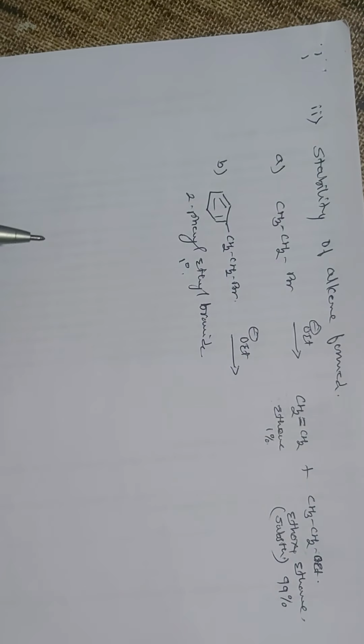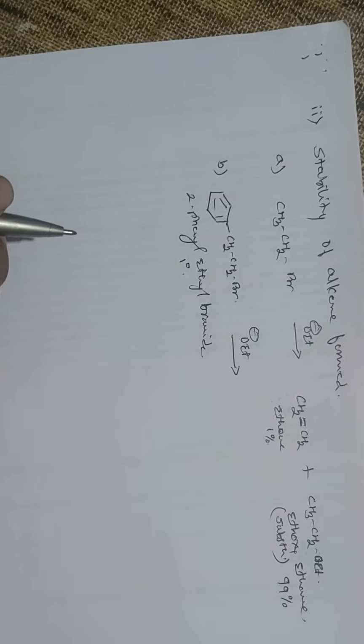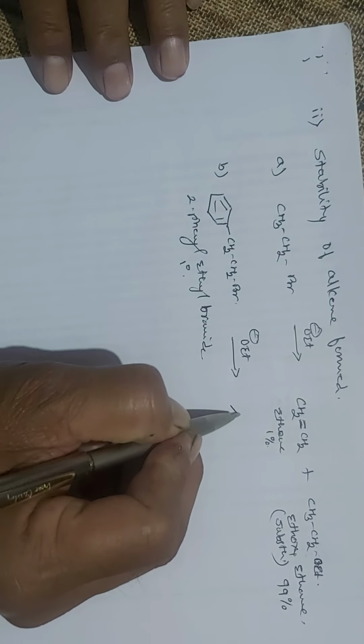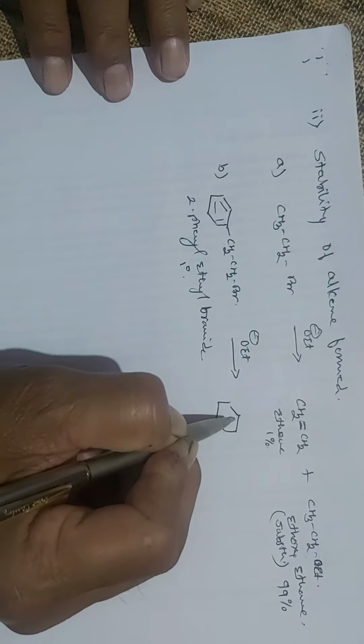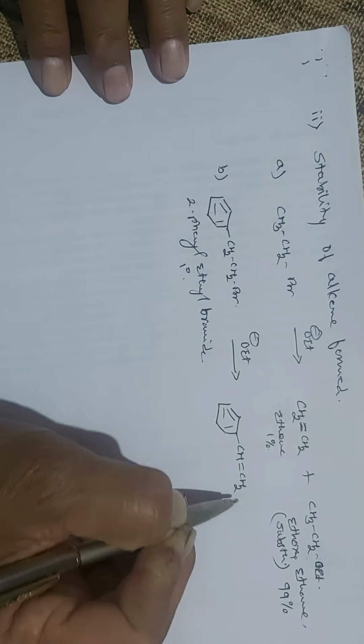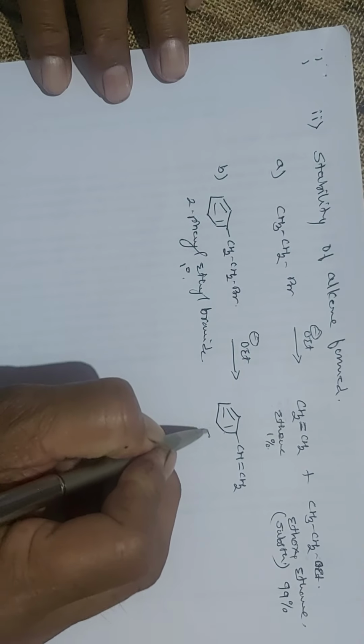But the structure of the substrate is such that it gives stability to the alkene which is going to be formed in this reaction, that is styrene.